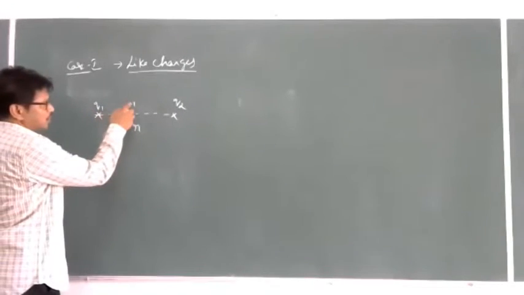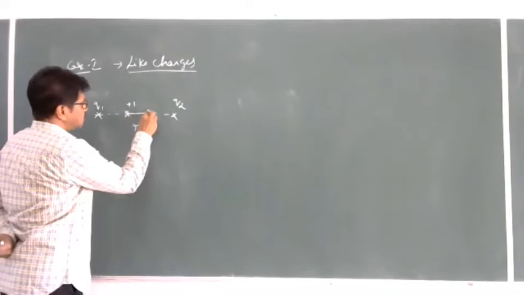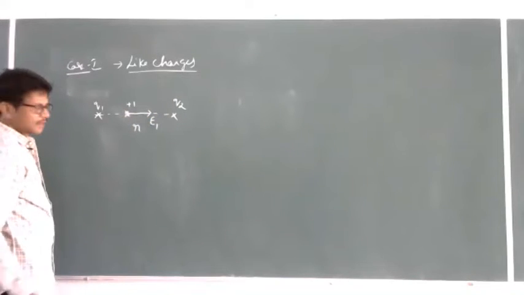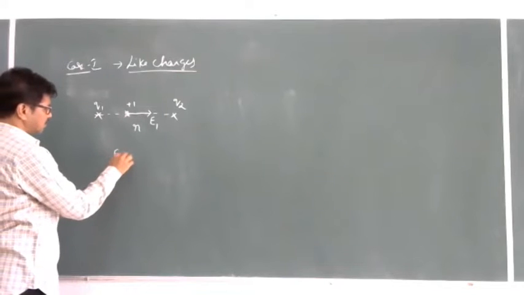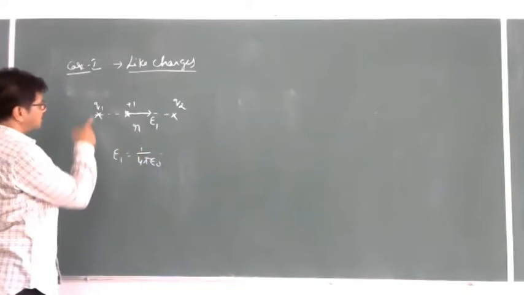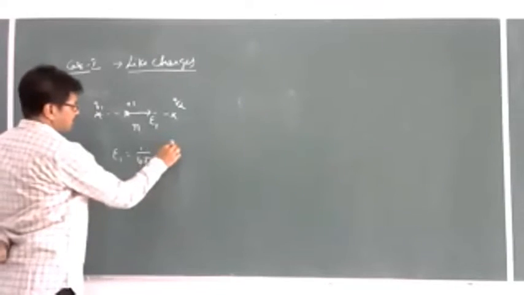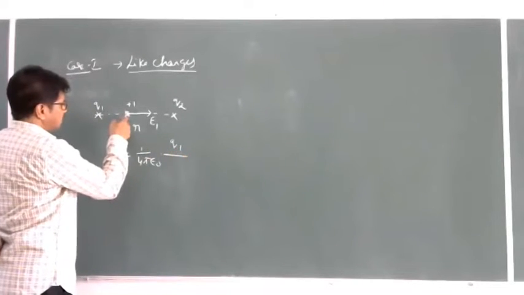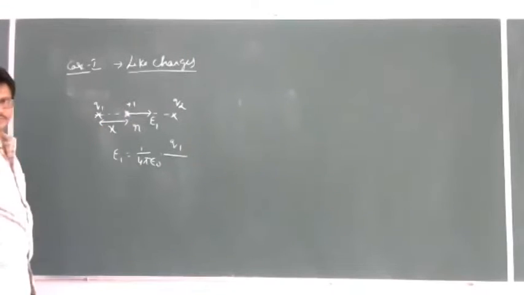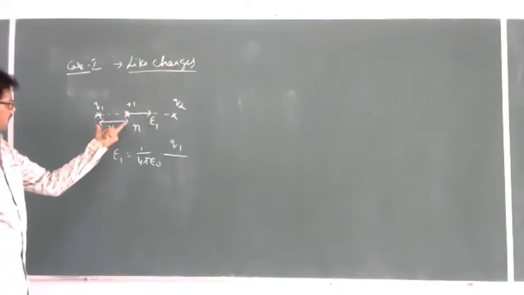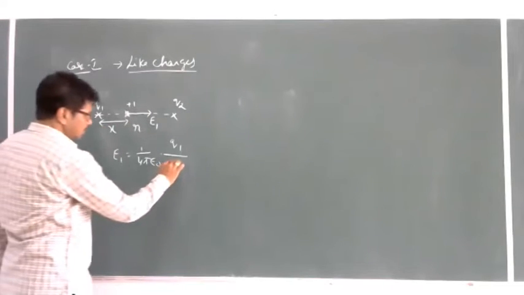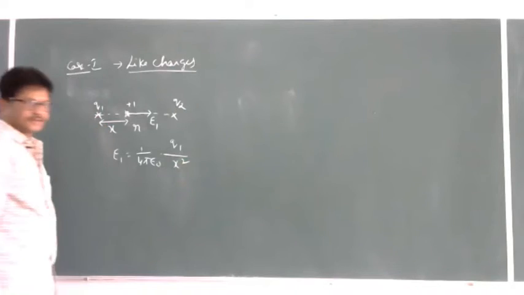This is positive and this is positive, repulsive electric intensity, where E1 is equal to 1 by 4 pi epsilon naught, here Q is nothing but Q1. If this point is at a distance of x from Q1, then E1 is Q1 by x square.